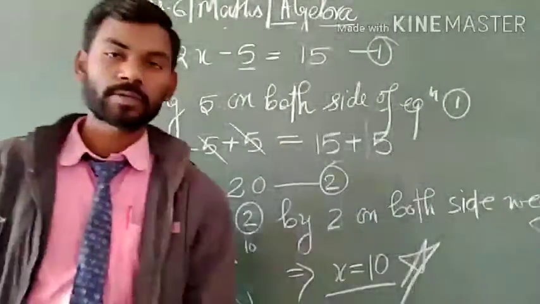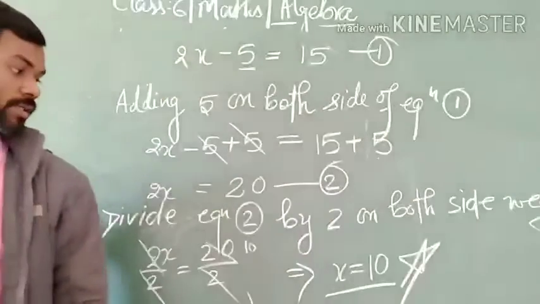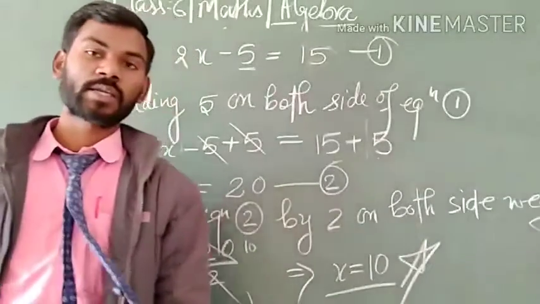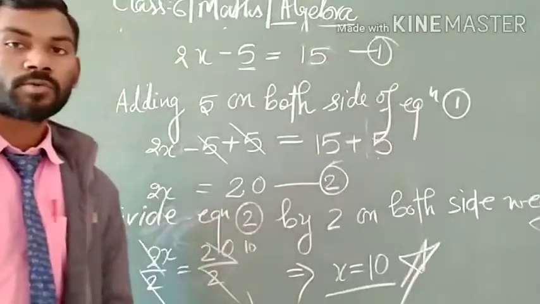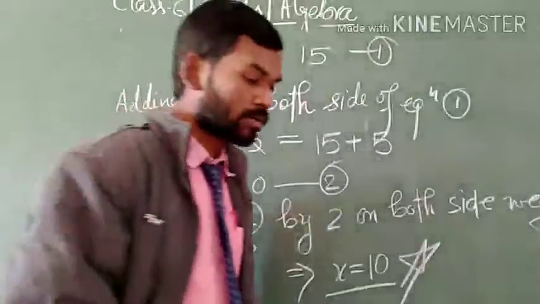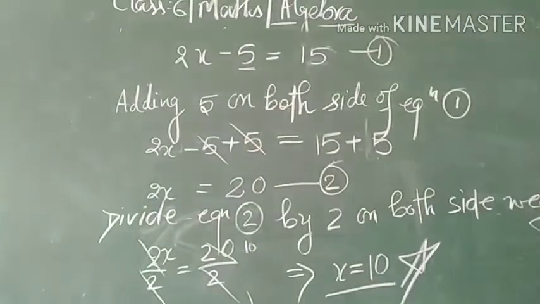X is equal to 10 is the right answer, which represents the solution of the equation 2x minus 5 is equal to 15.